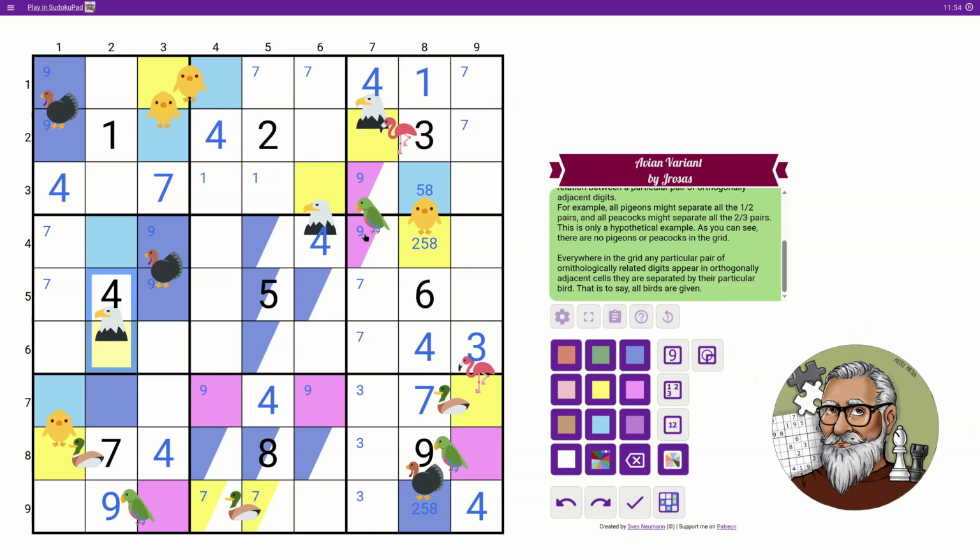So obviously this isn't blue. So one of these is blue, which means that one of these is blue. What is that one? What does that mean?